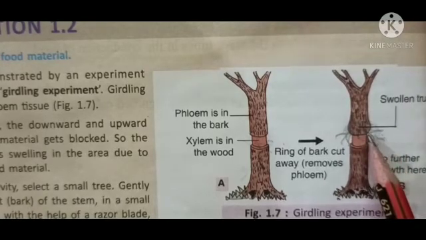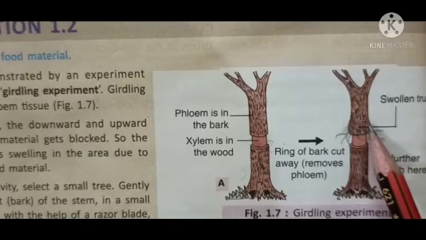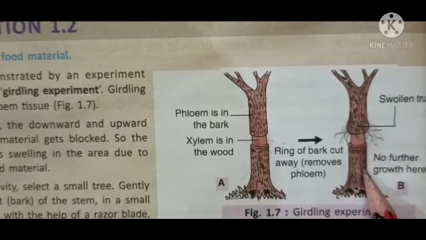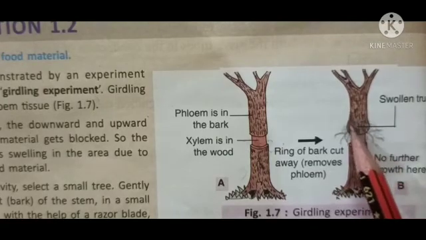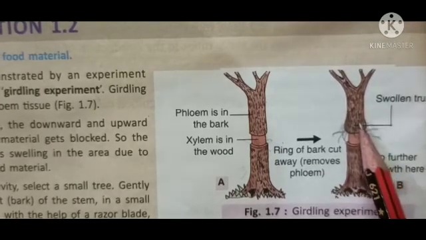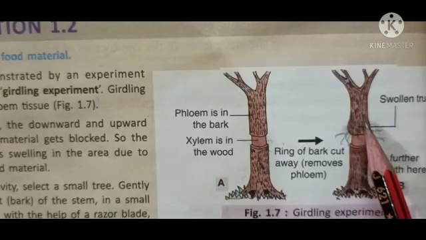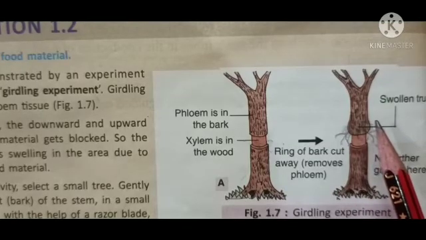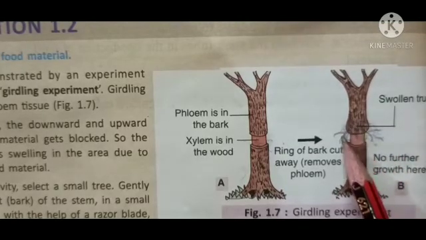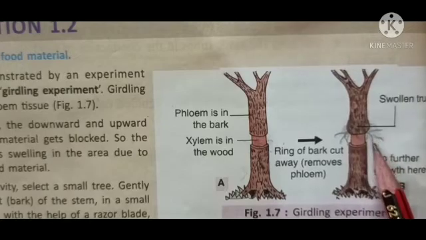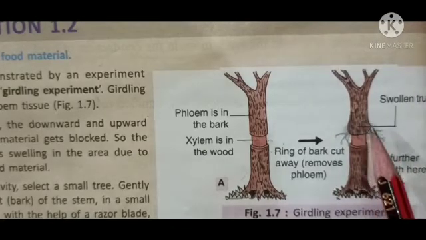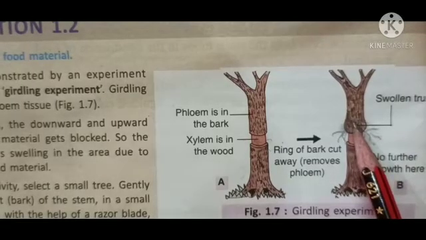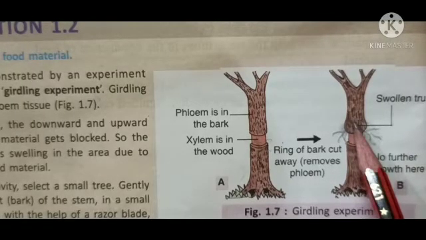It means food is not being transported downward, so it is accumulated in this area only, and this part becomes swollen. And even after 15 or 20 days, you will again observe that some roots also arise from this portion, right? And it proves that phloem tissues help in transportation of food material.